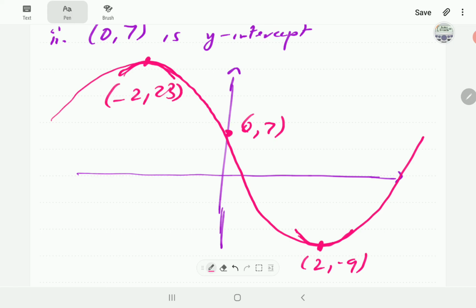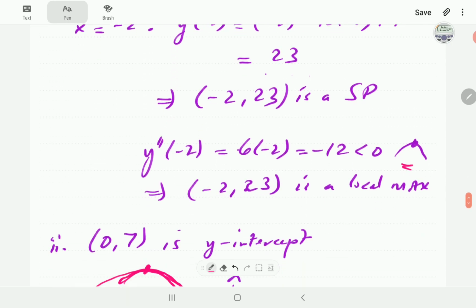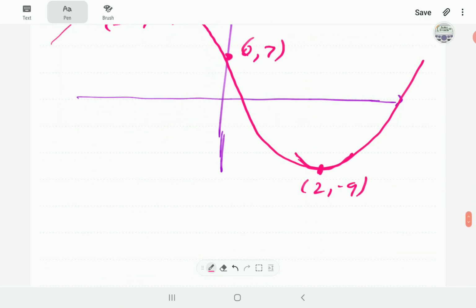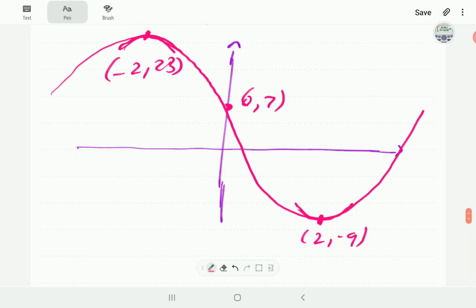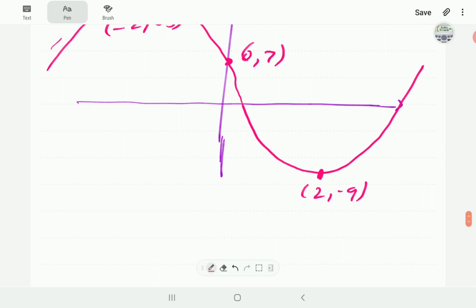Okay, and then from here, this is suggesting that we must have only one point of inflection, because the graph is concave up one side and concave down the other side. So there must be an inflection point somewhere in between the two local extreme points. So let's go on with that. The inflection point we're going to find by equating this to 0.